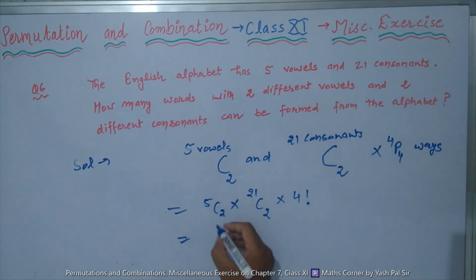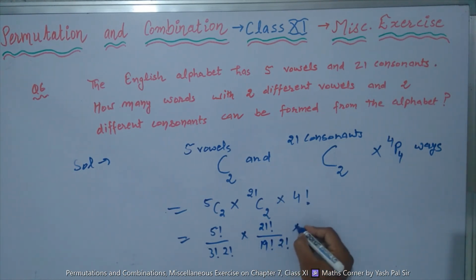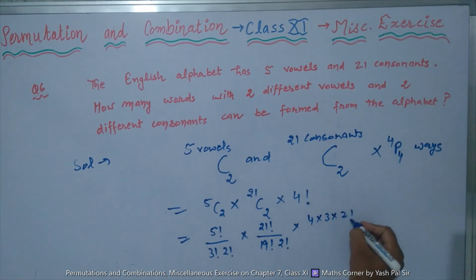So this way we now have 5 factorial divided by 5 minus 2, 3 factorial into 2 factorial, into 21 factorial upon 21 minus 2 is 19 factorial, into 2 factorial, into 4 factorial, which means 4 into 3 into 2 factorial.